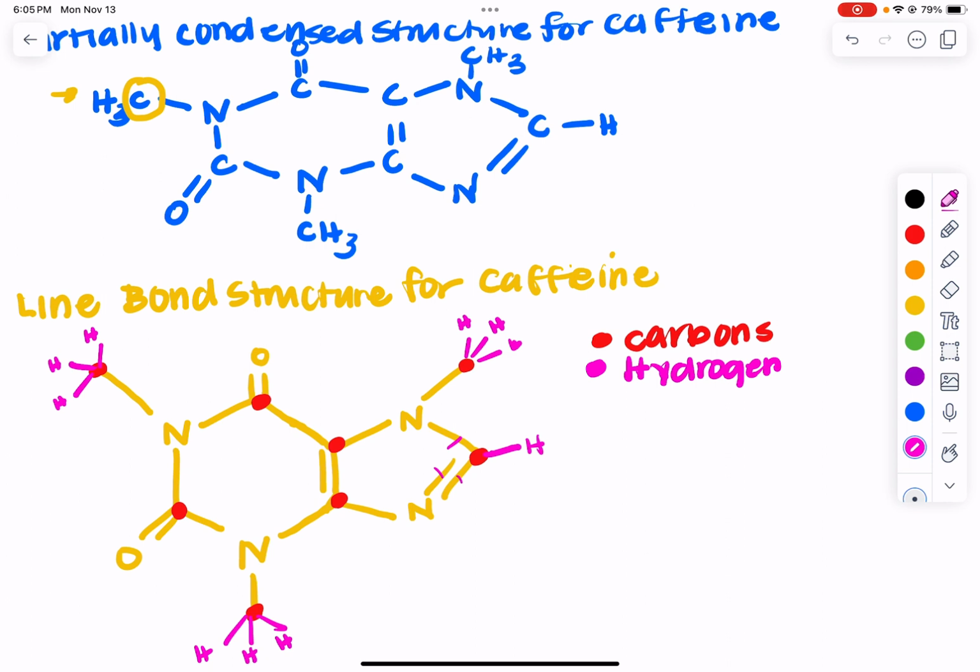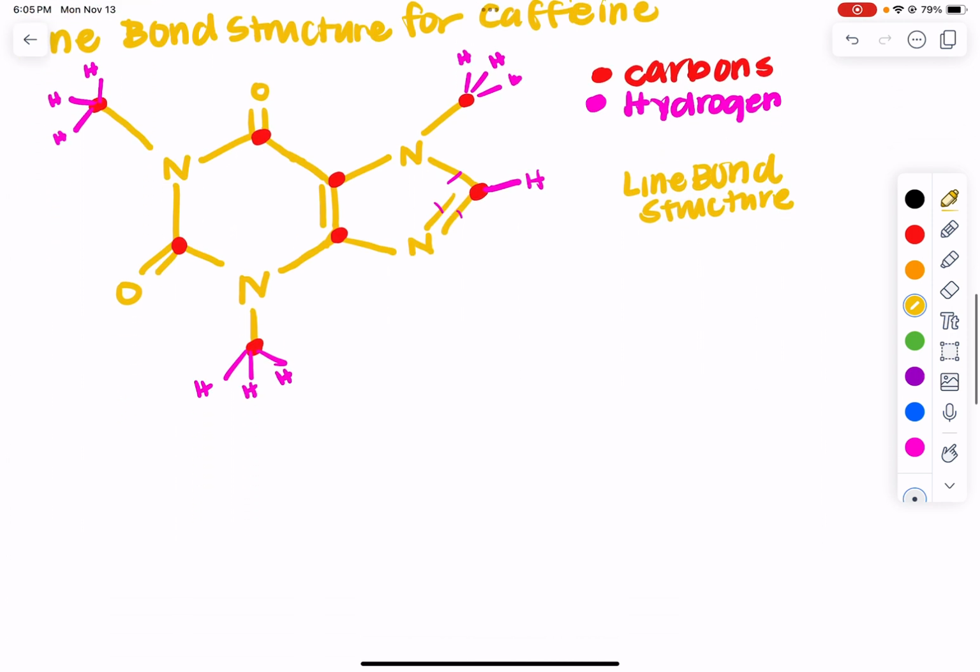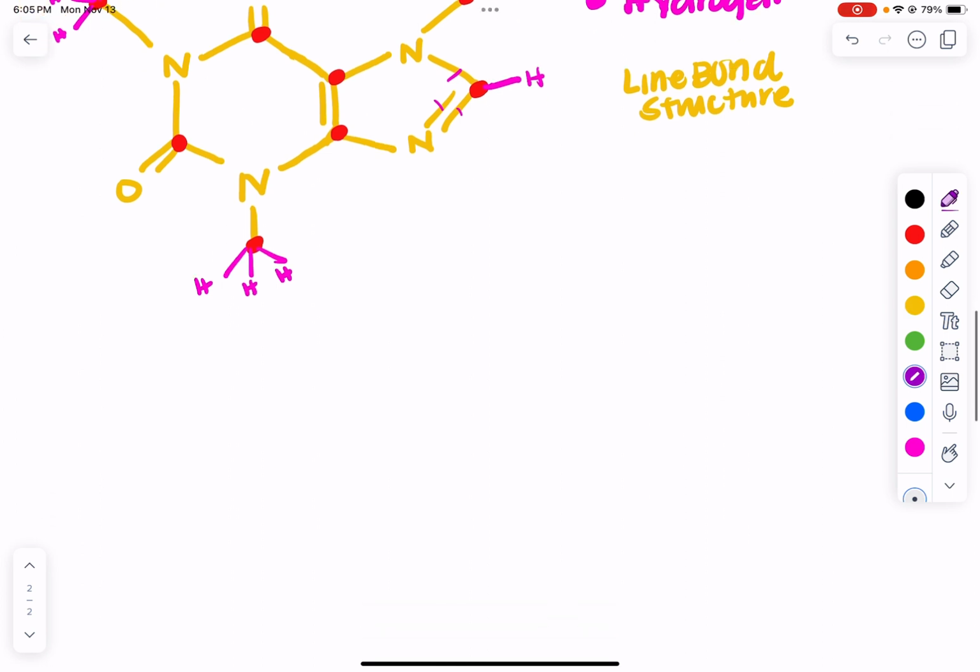This will get a lot easier. Again, only the yellow is the line bond structure. What I want us to be able to recognize, and again, I know we're going to forget how to do this in a week, is, can we find the chemical formula if we're given the line bond structure?